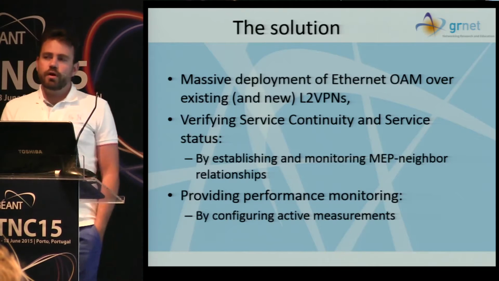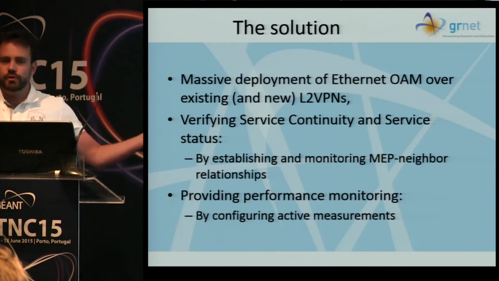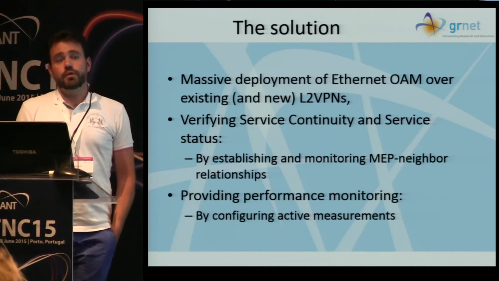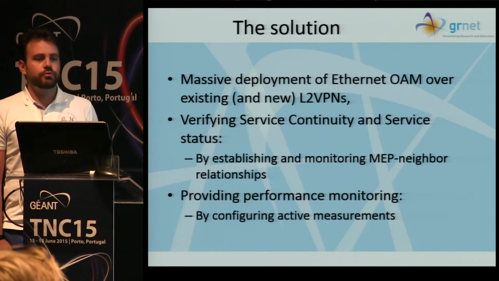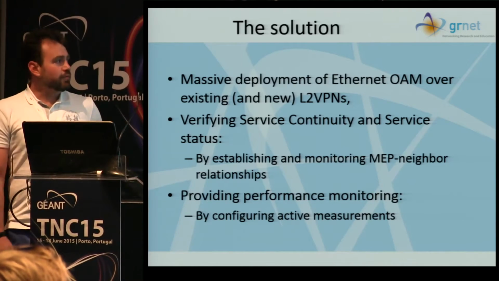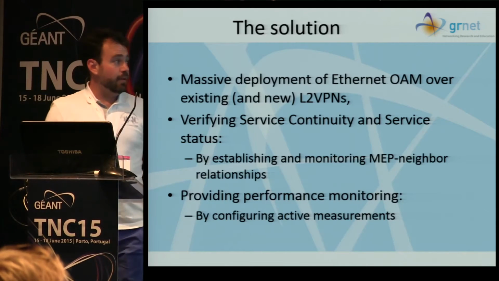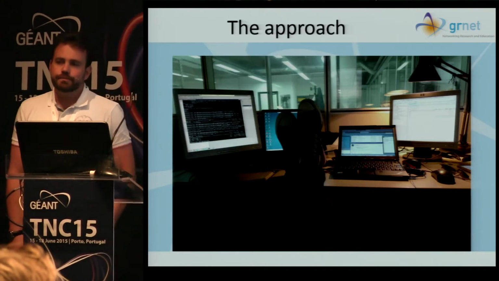There is, though, a small problem: we have 400 VPNs already out there, and it would take a lot of work to traverse all these routers and enable OAM capabilities.